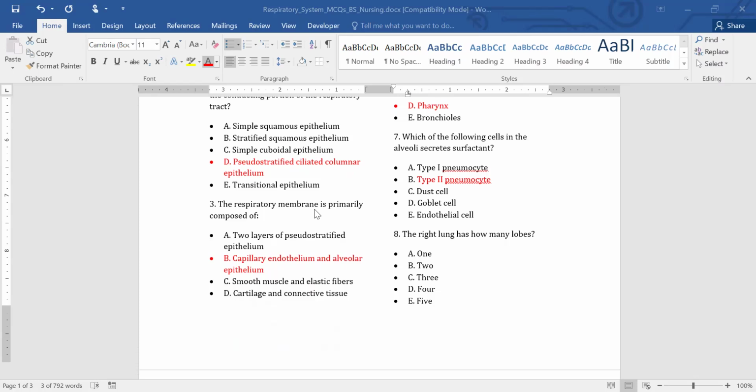Type 2, okay, this is correct. Type 2 pneumocyte. The right lung has how many lobes? The right lung has 3 lobes.